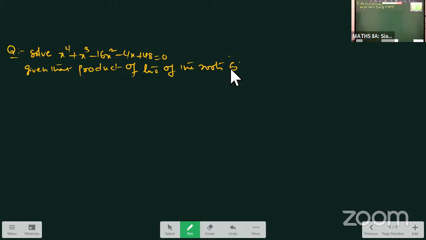X power 4 plus x cube minus 16 x square minus 4x plus 48 is equal to 0, given that the product of the two roots is 6.